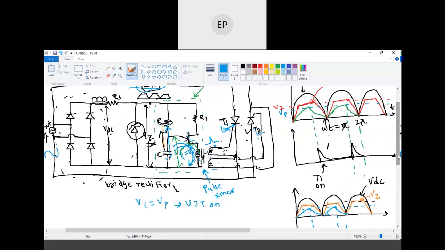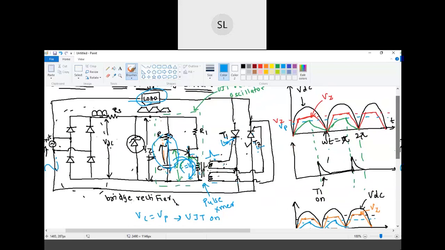See here, the number of pulses that will be generated in a particular half cycle will depend upon this RC time constant. Okay, so if this time constant is less, then the capacitor will take more time to charge, and the pulses will be delayed.